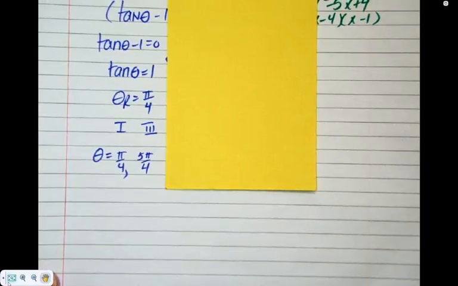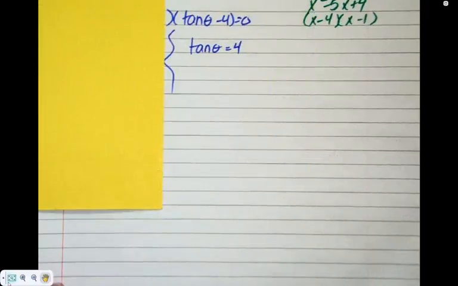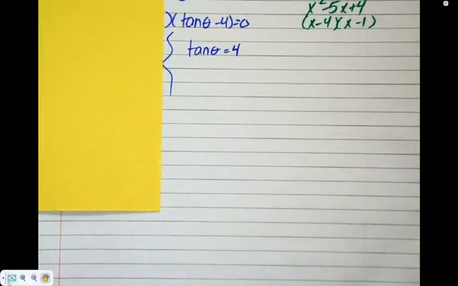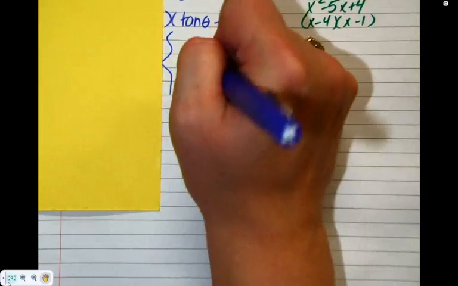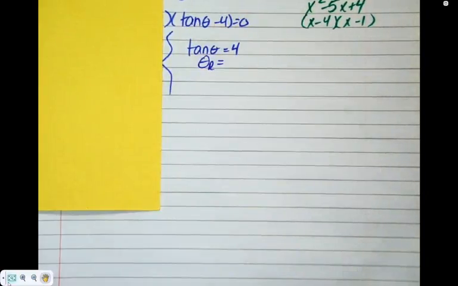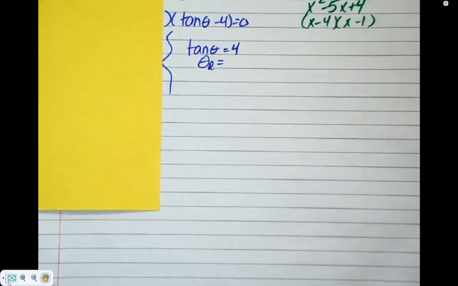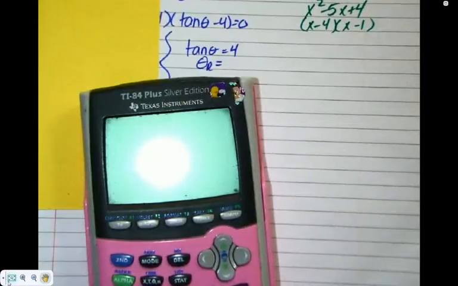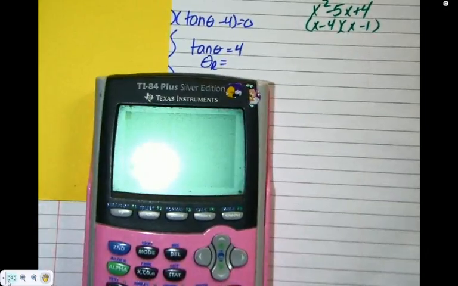How are we doing so far? Okay, this guy here. What's the family that has a tan value of 4? None that we memorize, because we only memorize 3. What does that tell you? Calculator alert. I enjoyed that calculator alert siren.